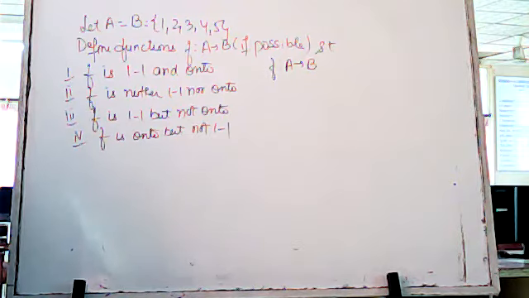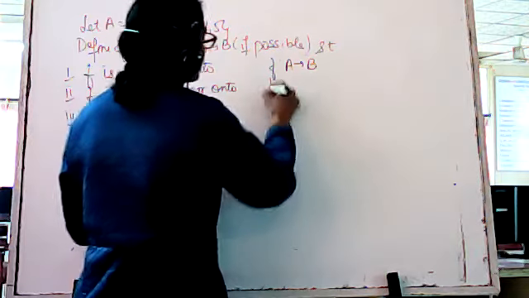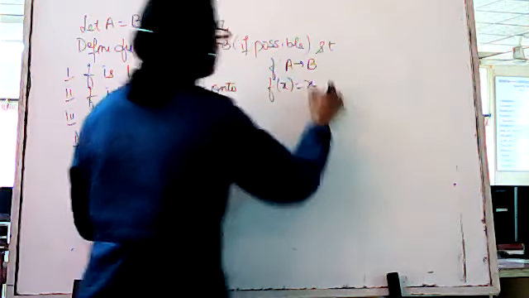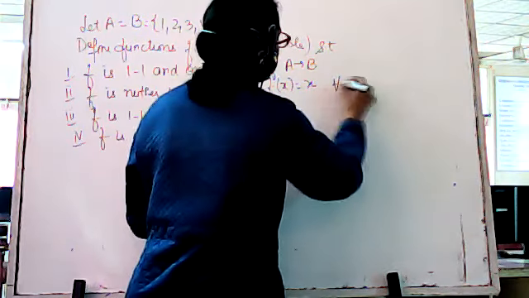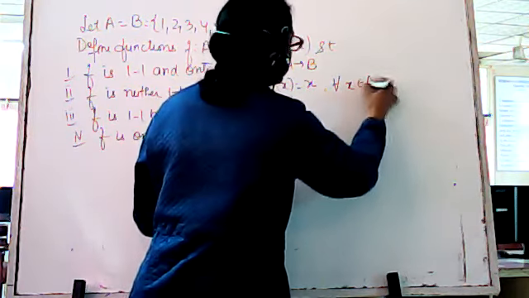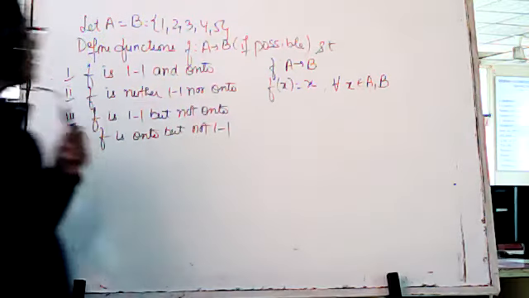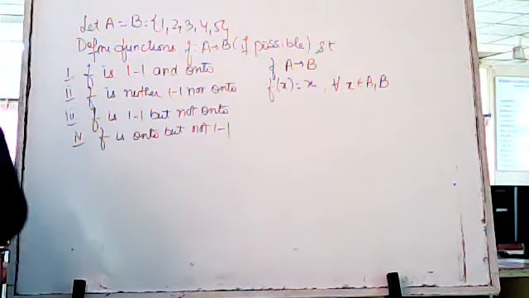So solution है इसका, define f from A to B such that f of x is equals to x for all x belongs to A and B, because both the sets are same.